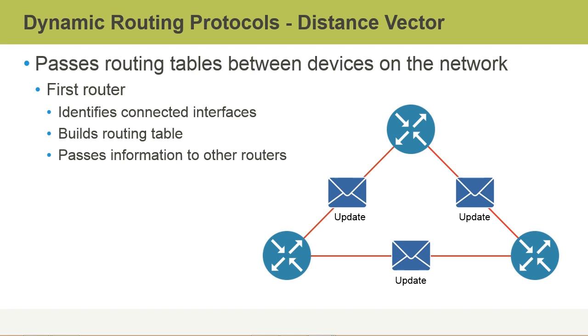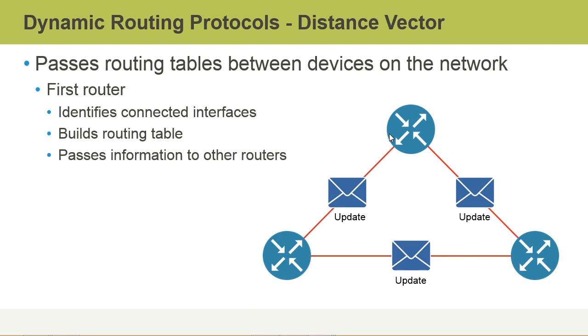Here we want to talk about the process for delivering those updates. You can see that we have three routers in the diagram, and I'll use the top router as my context for the discussion. When this router powers up, it identifies its connected interfaces, the IPs associated with them, and it builds the routing table of the routes this router would know of.